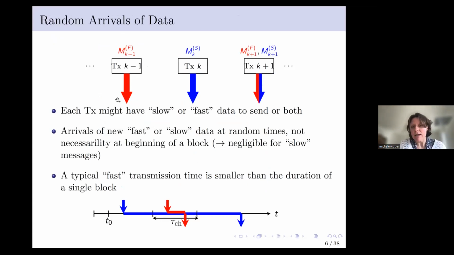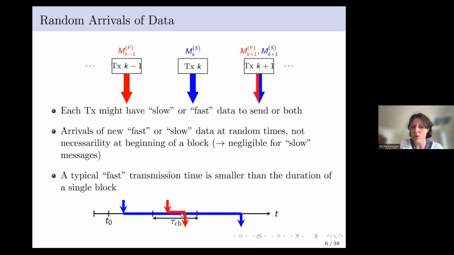The model I just described, we'll study just for simplicity, but then we'll also add other elements, because of course in practical systems there are even more challenges. The delay-sensitive information probably cannot use the same block length for the fast messages as for the slow messages.